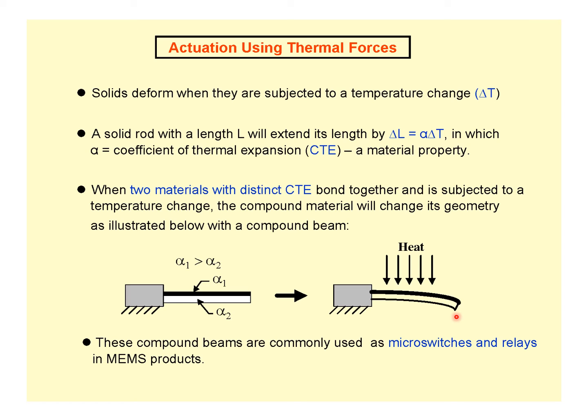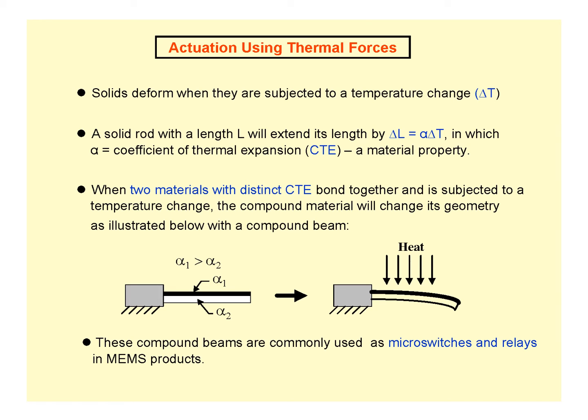When you release the heat, once again it comes back to the original position. Then it acts as an off position. So we can use this as a micro switch or micro relay in MEMS products. This is one type of micro actuation using thermal forces. Here the input is thermal forces, and by using the thermal forces, we are doing actions like switching or relay action.